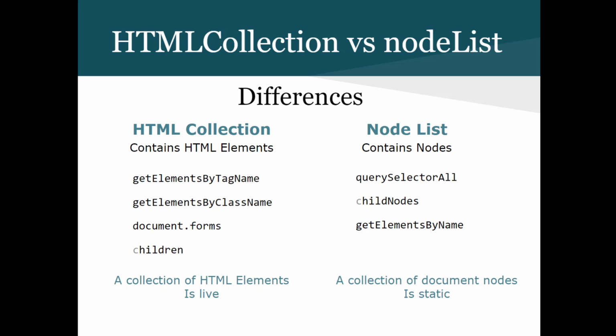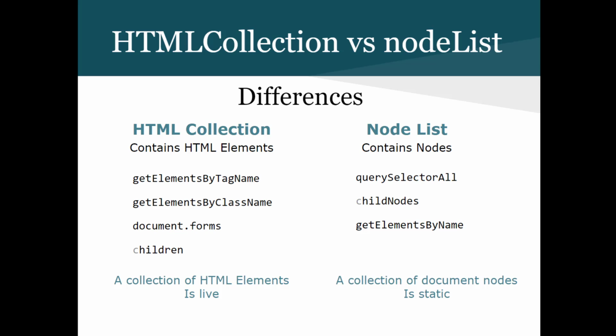A collection of HTML elements is live, so that means if you have a collection of elements stored and you add one more item that would be in that collection, the value will update and include that item, versus the nodeList, which contains a list of nodes. When we use querySelectorAll, that's a nodeList, so it doesn't update.